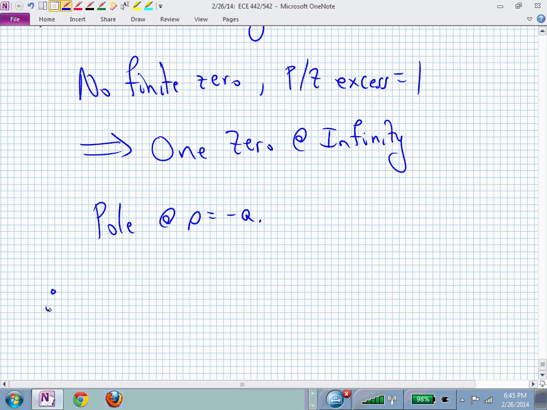So that G sub C, where the C was supposed to be for continuous, now we have a G sub D, that's now some K. We had a 0 at infinity, that's the Z plus 1. We had a pole at minus A, that's this Z minus E to the minus AT.